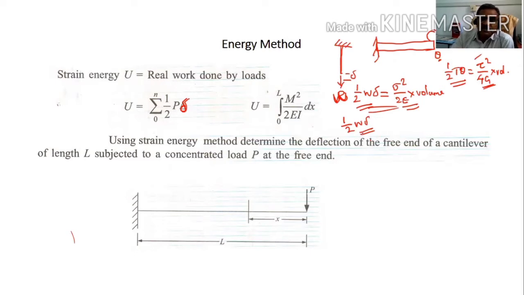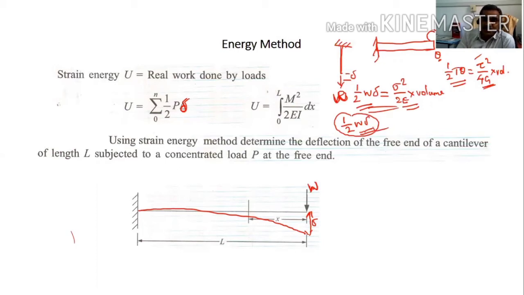Am I right? So this is the work done in a beam. So this is a load W, and the beam is subject to a deflection delta. Then work done is equal to half into W into delta.